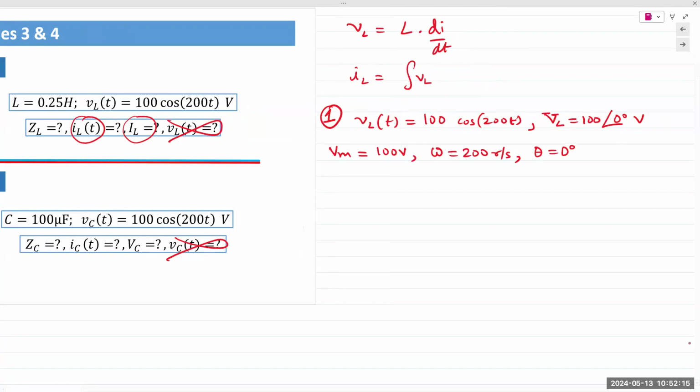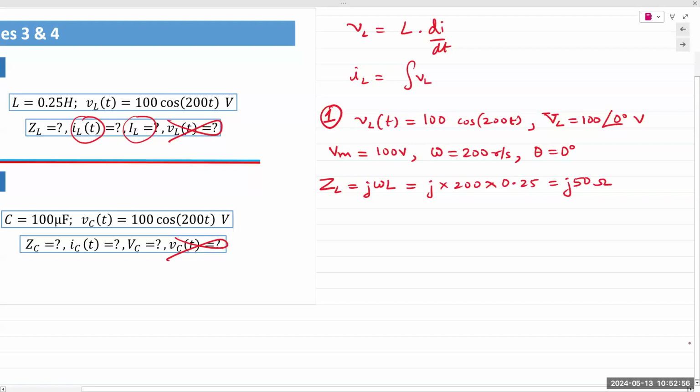So again, first step, compare it to the standard expression, extract the values of the three quantities, the peak value or the magnitude, omega, and then the phase angle. You write the phasor for the voltage, and from omega, you can write out the expression for the impedance ZL. Impedance ZL in rectangular coordinates is j omega L, is j times omega 200 times inductor 0.25 Henry. It gives you a value of j50 ohms.